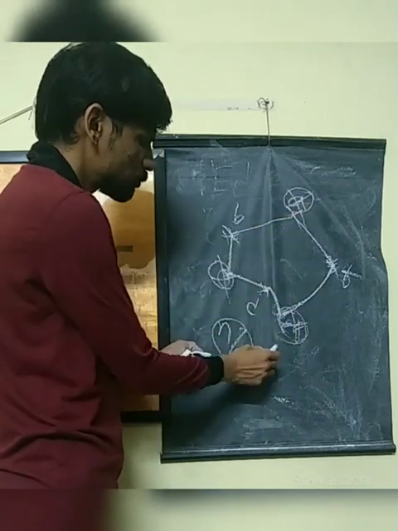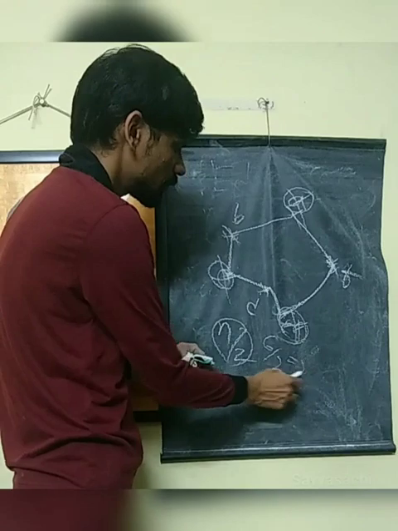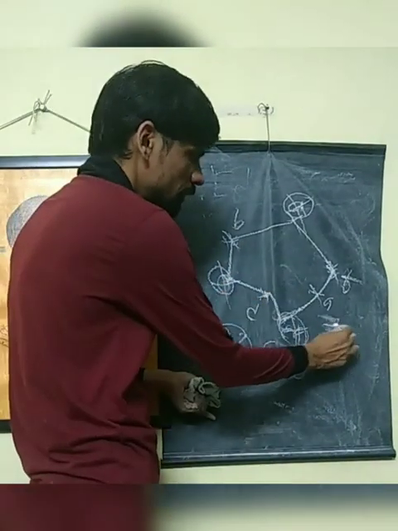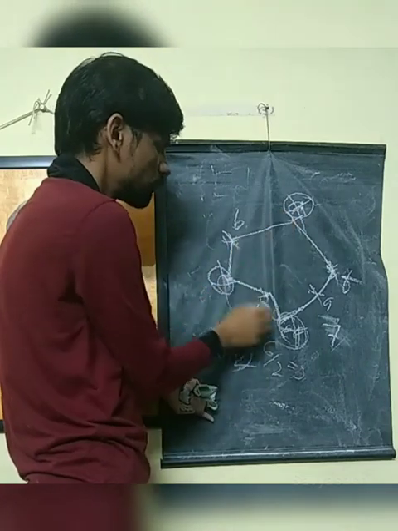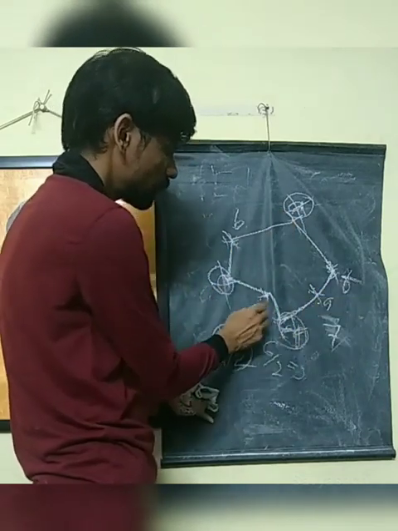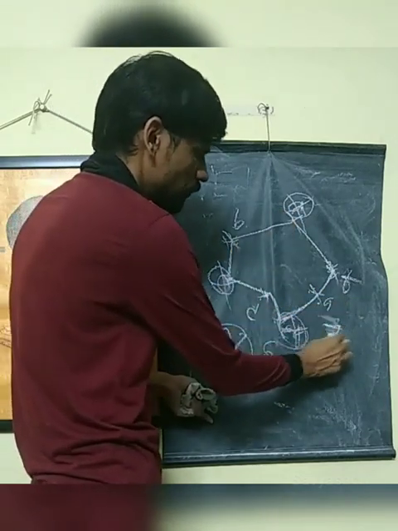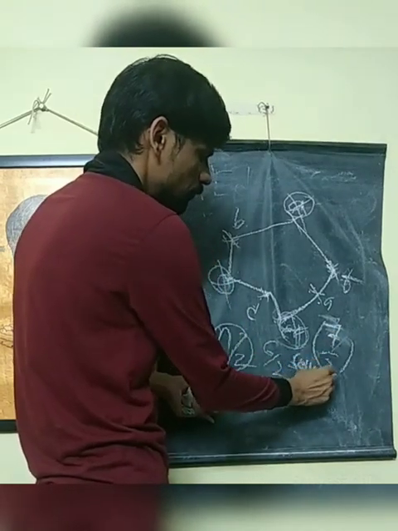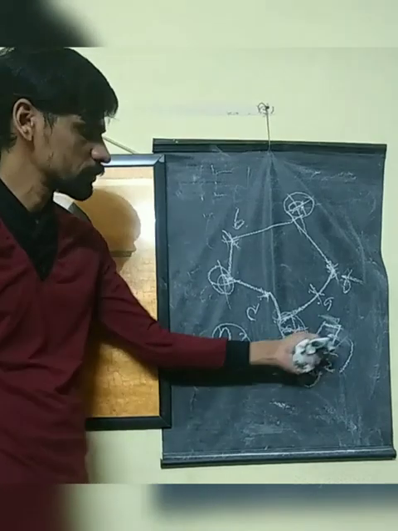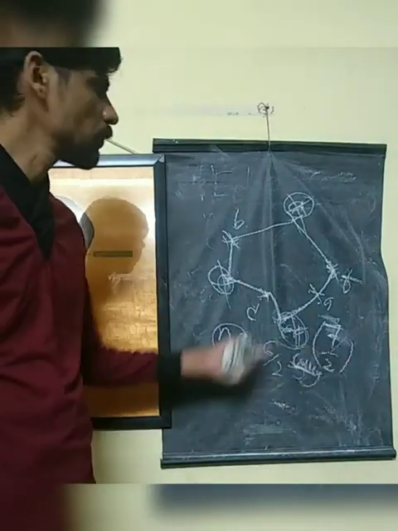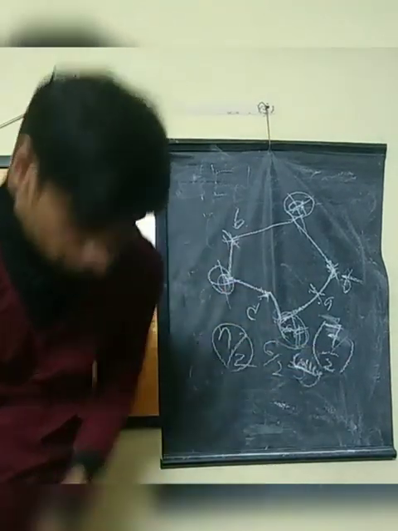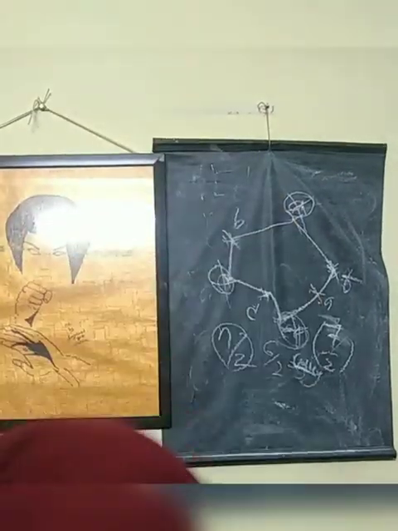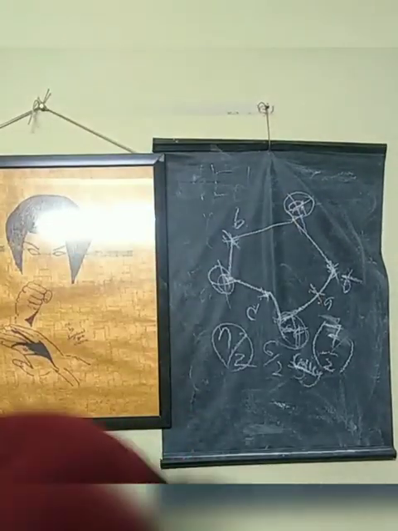So 6 by 2 equals 3. For example, if I have another node G, then I have 7 nodes, and 7 by 2 is taken as a ceiling. So this is how for a cyclic graph we calculate vertex covers.